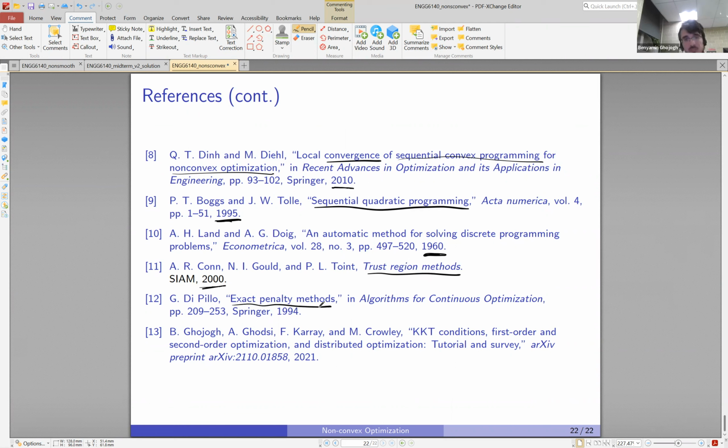Okay, this session is over, which was about non-convex optimization, and we talked about the two categories of methods for solving non-convex optimization, which are local methods such as sequential convex programming and global methods such as the branch and bound method.